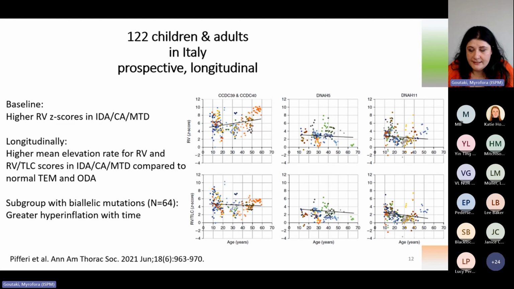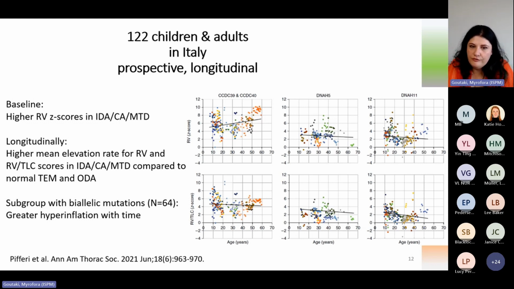As I said, FEV1 is easy and available everywhere, but we have recently started having more and more studies that assessed other outcomes. The Italian prospective cohort that I mentioned earlier also studied lung volumes in a publication from a couple of years ago. This was the first study that did that, especially with longitudinal measurements. You can see here the three largest gene groups in the population.